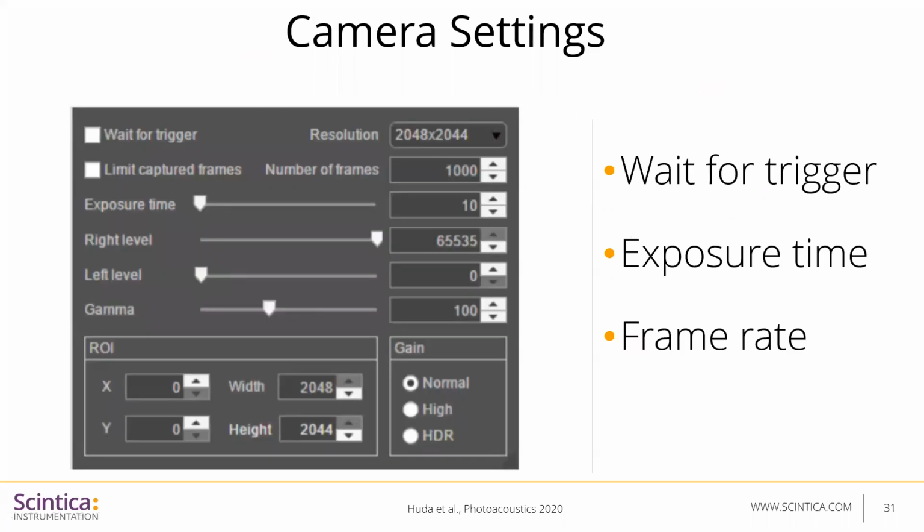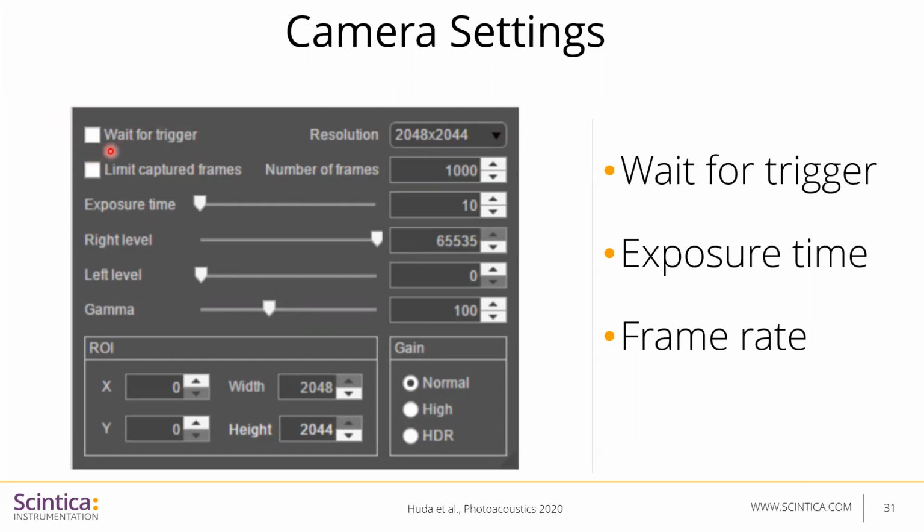As I had already talked, PAFT is light in and sound out, and the camera setting helps to capture the images. We have already seen the light in, or the laser setting, and now we will look at the camera setting, that is the sound out. The camera setting dialog allows the user to customize the optical imaging modality setting. There are different buttons.